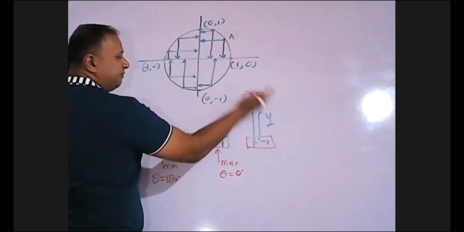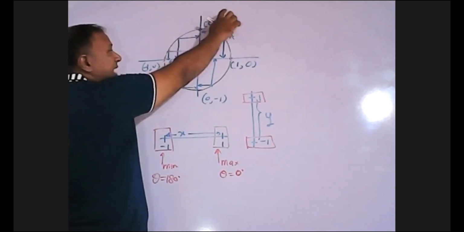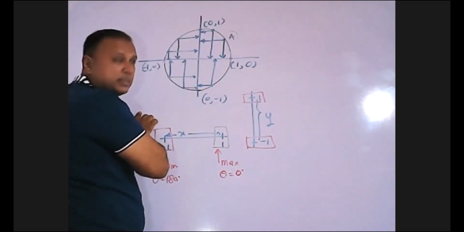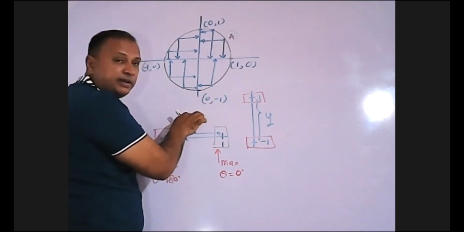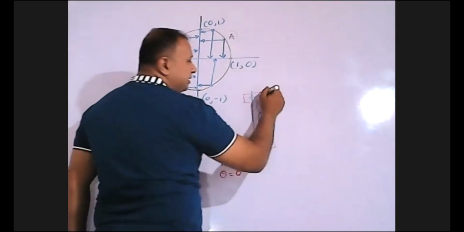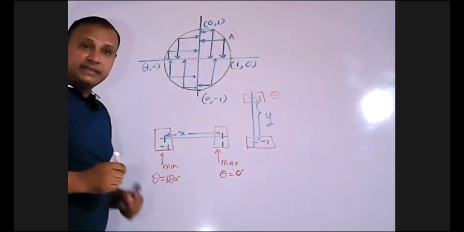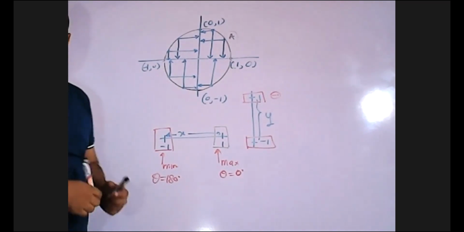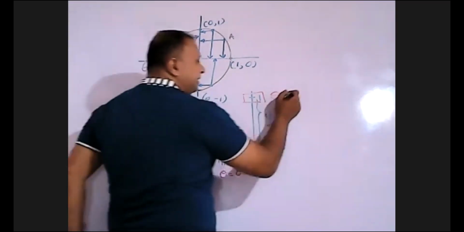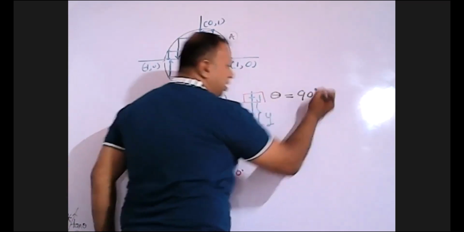If sine value is equal to 1, the angle is 90. If sine value is equal to -1, the angle is 270. Therefore, the maximum value of sine comes when theta is equal to 90 degrees.